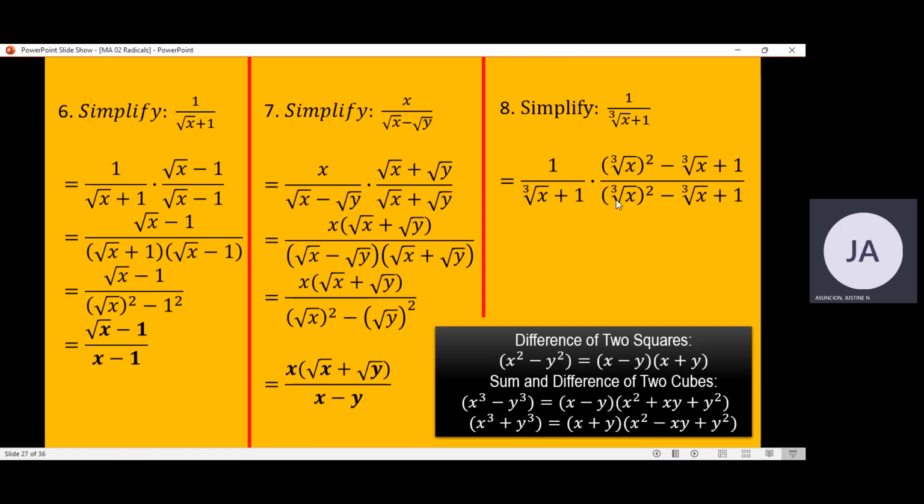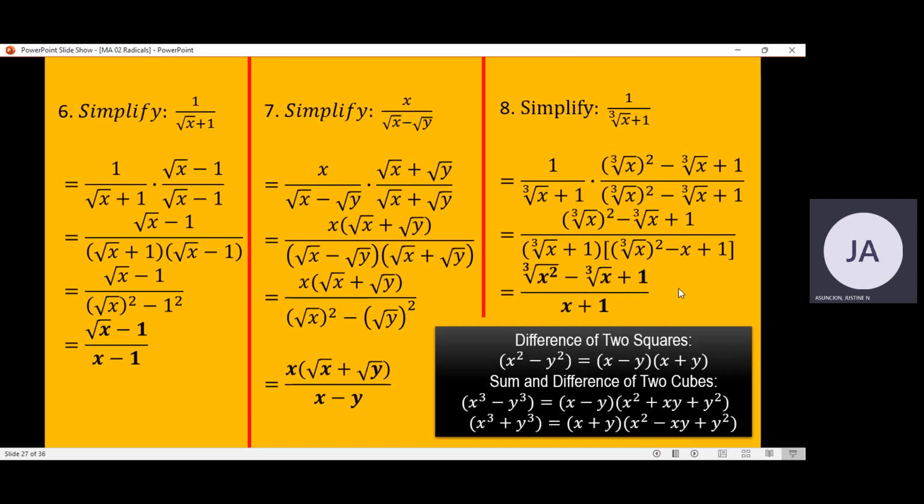So simplifying this, we have in the numerator the cube root of x squared minus the cube root of x plus 1. And as you observe here in the denominator, it's just the sum of two cubes, so it's simply x plus 1. So in simplifying 1 over the cube root of x plus 1, it is equal to the cube root of x squared minus the cube root of x plus 1 all over x plus 1.